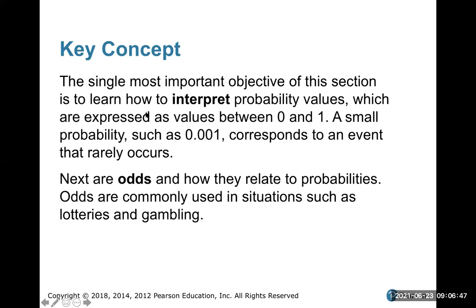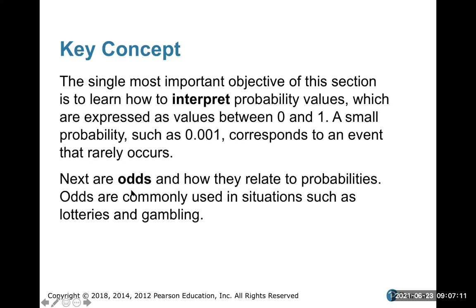Okay, so we're going to talk about how to interpret probability values, which are expressed as values between 0 to 1. A small probability such as 0.0001 corresponds to an event that is rarely occurring.